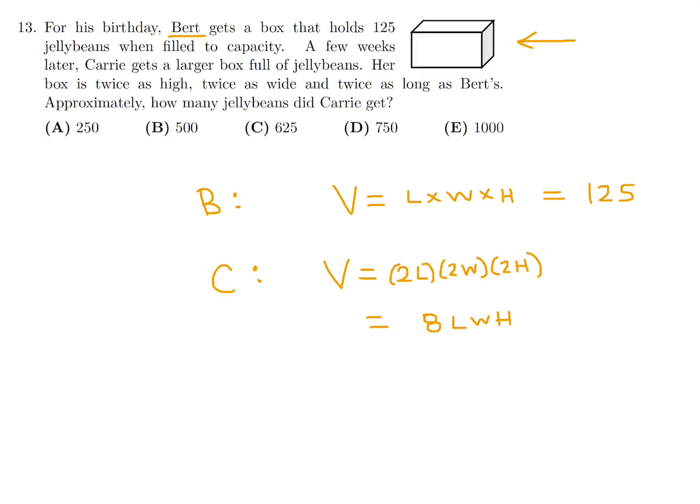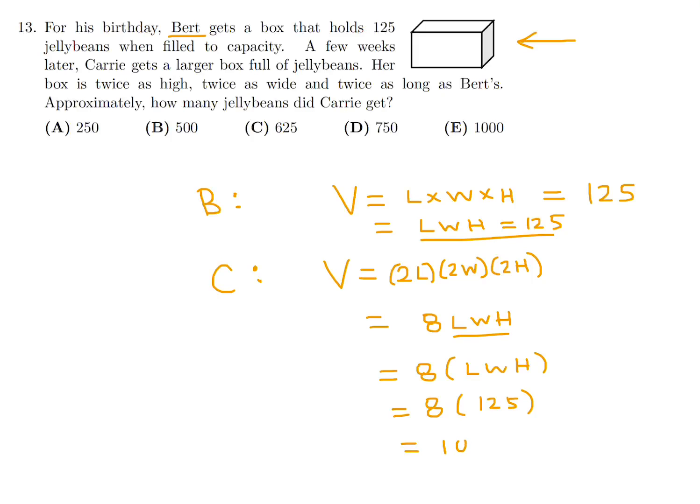Well, this one is LWH, and that's 125. So we can just substitute that into this. So I have 8 times LWH, which becomes 8 times 125, and 8 times 125 is 1,000. So Carrie will have approximately 1,000 jelly beans in her bigger box. Choice E for 13.